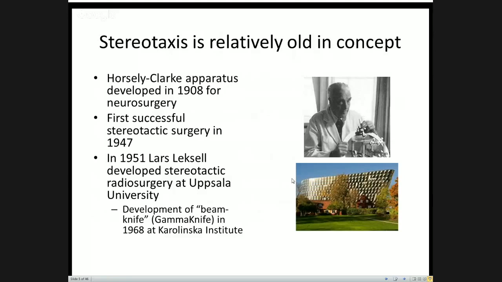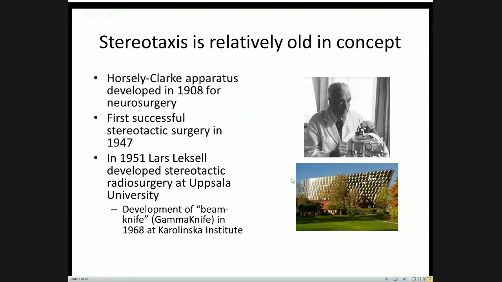I think the Horsley-Clarke apparatus was developed for neurosurgery back in 1908, and that was an external frame that would fix to the patient's skull, and that was our external frame of reference, and it would correlate to a brain atlas that would be used to determine the point internally that was of interest for neurosurgery. The first successful stereotactic surgery was in 1947.